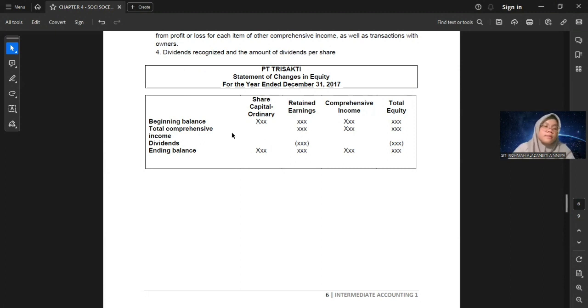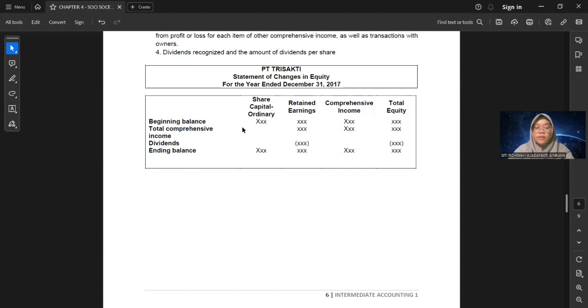Okay, after that, there are dividends. Dividends will reduce retained earnings, and then there is the ending balance of all.